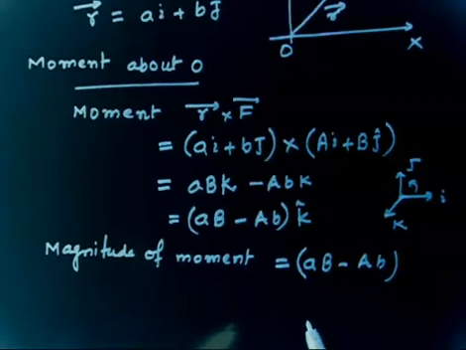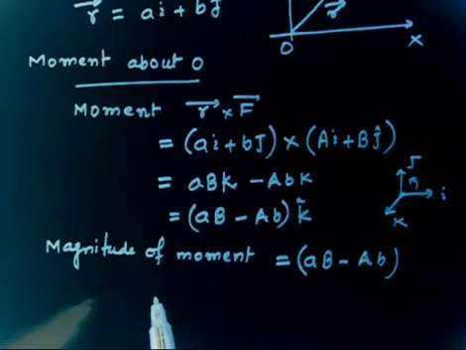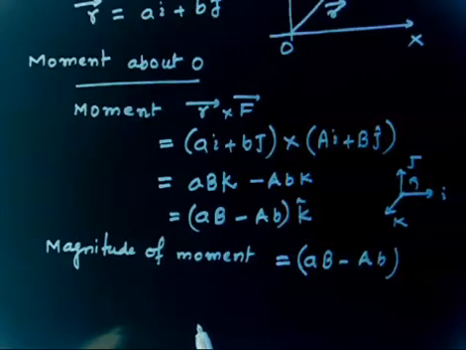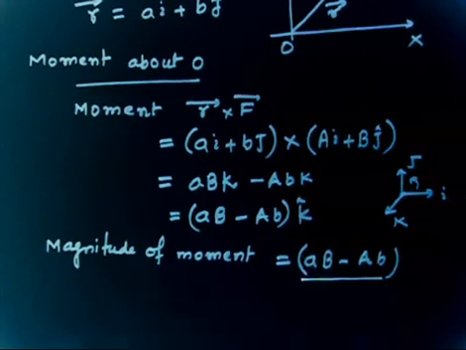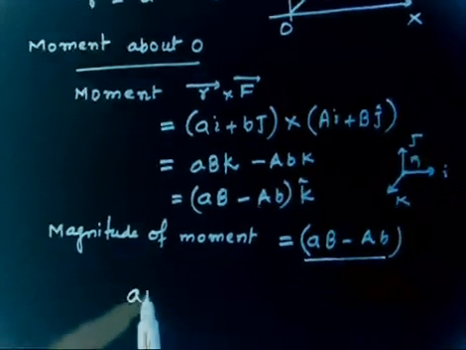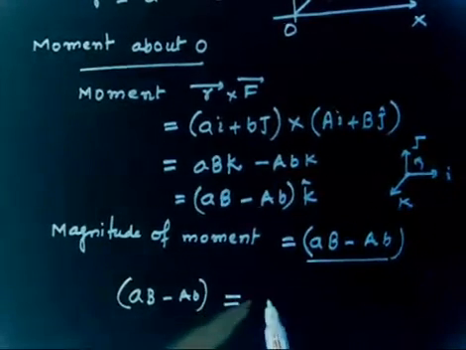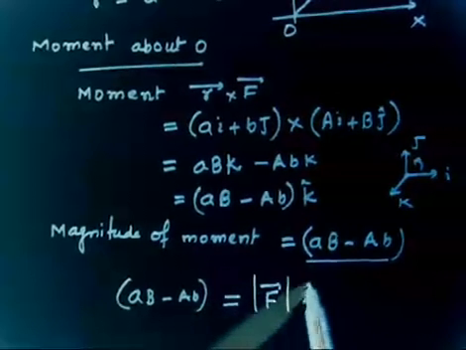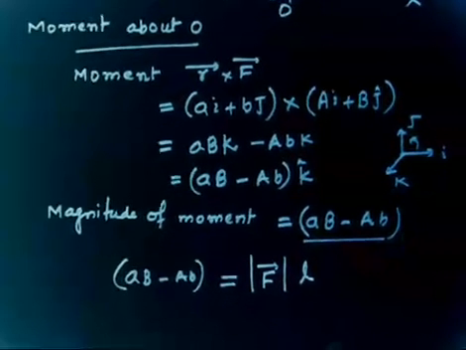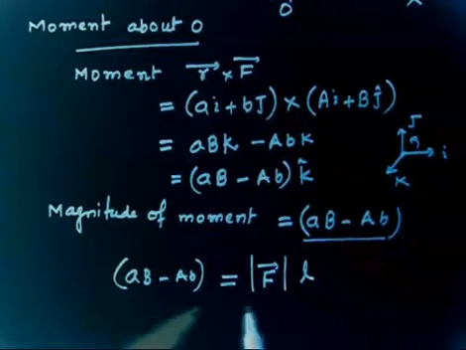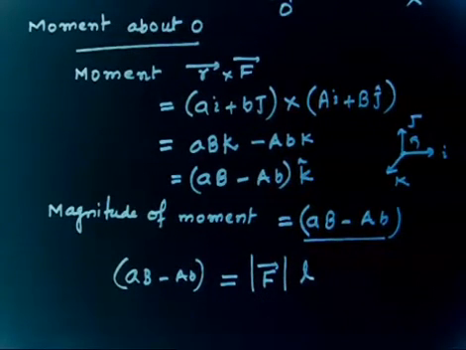So how will you find the lever arm? The lever arm is the perpendicular distance of this force from the origin. So we want to find what perpendicular distance this force has from the origin. The magnitude of moment is equal to the magnitude of force into the perpendicular distance. So this will give you the lever arm. What is the magnitude of force?